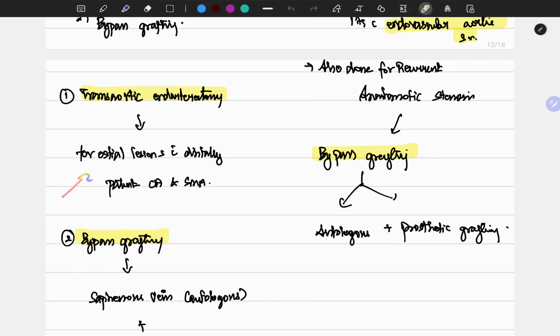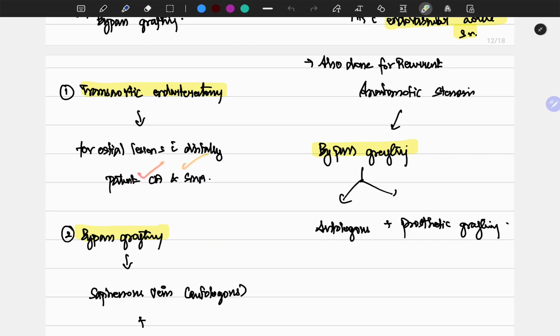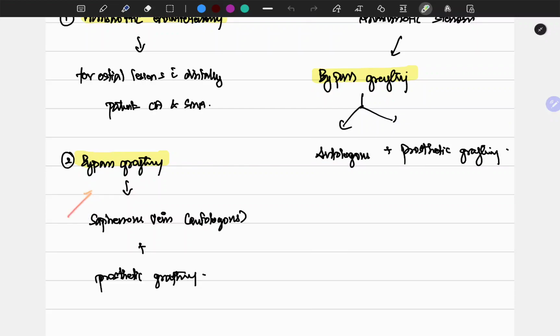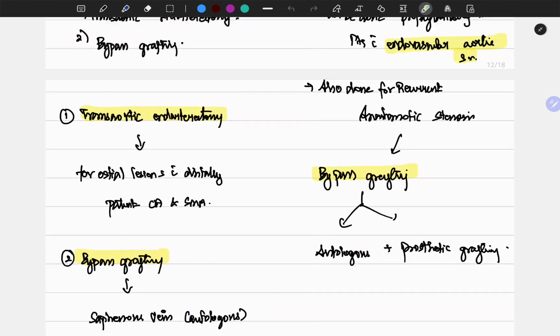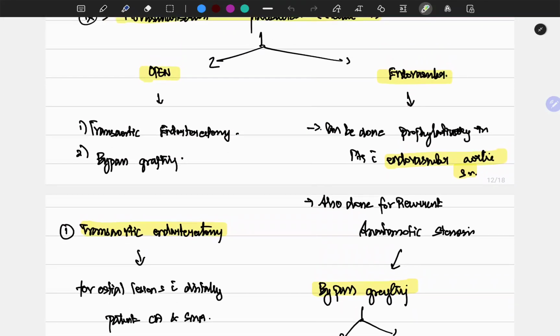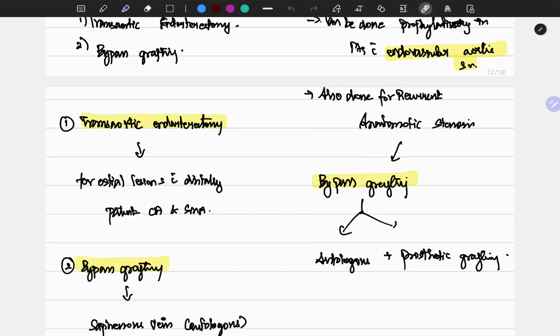It is done for ostial lesions with distal patent celiac artery and superior mesenteric artery. Bypass grafting with saphenous vein is an autologous grafting, or you can go with a prosthetic grafting. Endovascular procedures can be done also for recurrent anastomotic stenosis. We can also perform bypass grafting with autologous and prosthetic grafting.